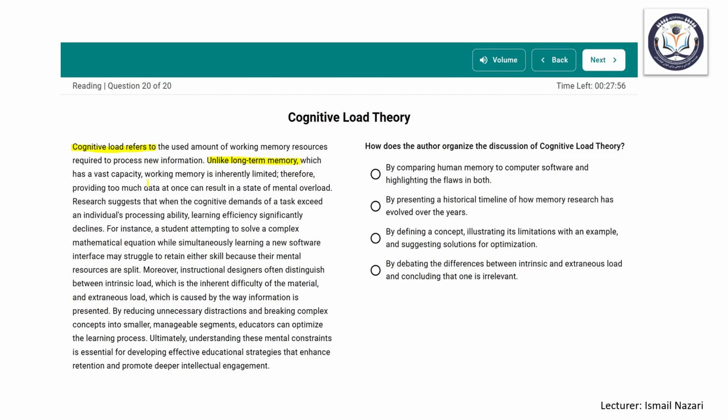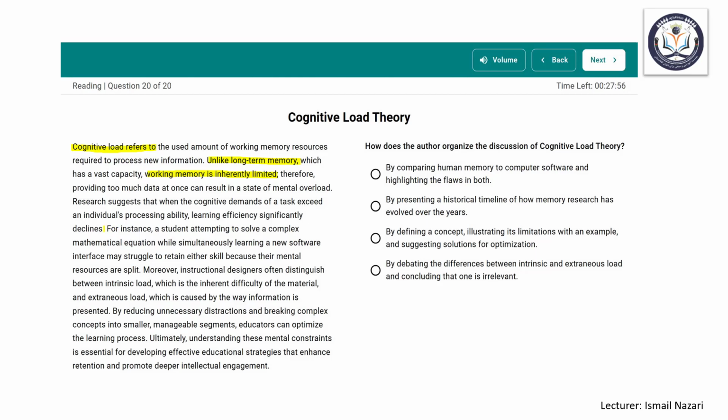Long-term memory is also stated here. So it is all helping to clarify cognitive load. If you remember, in the last slide, we mentioned that if there are comparisons between two ideas, the reason for that is to clarify the idea. So here it compares long-term memory with working memory. So the purpose is to clarify what cognitive load is. So it's defining, exactly. It's defining the concept.